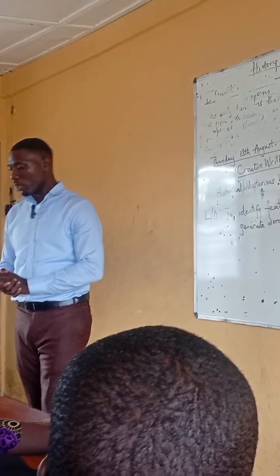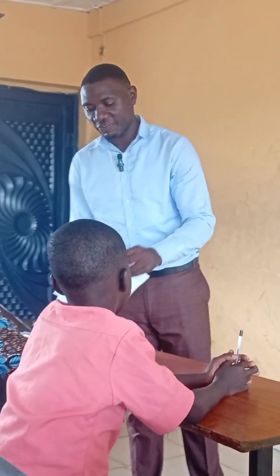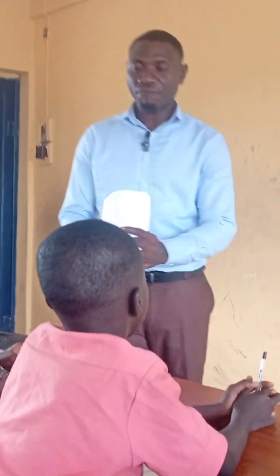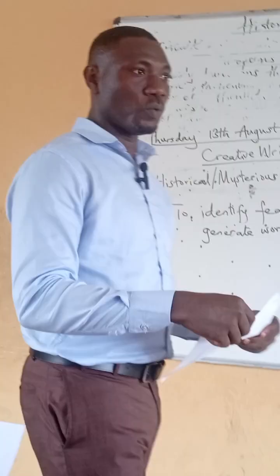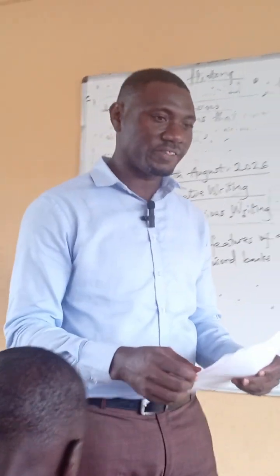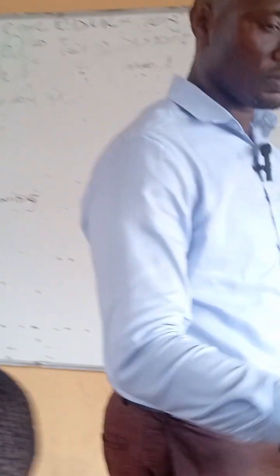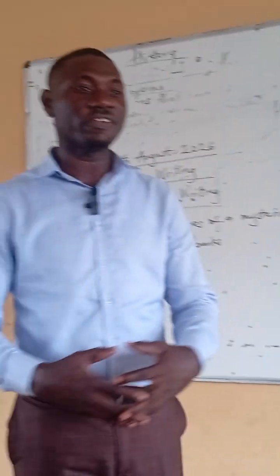Now, today, this morning, I brought a copy of a mysterious writing for you. You will study it in about 5 minutes, and when I ask you, you will bring out some of the features that you have learnt before about a mysterious writing. The history part is just about the fact that it is not in a modern setting.